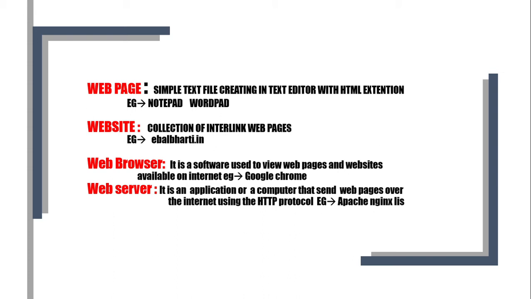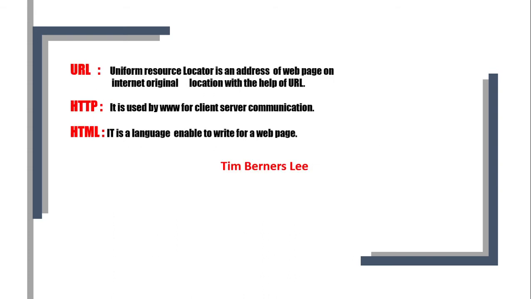Whenever we use a web server, we have a URL. This URL is the address of the web page on the internet. The web page is retrieved from its original location with the help of the URL.